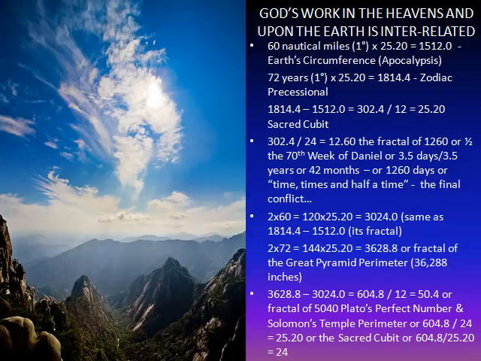Now, that was singular. Let's double that for the witness up in the heavens and upon the earth. The earth first. 2 times the 60 degrees will equal 120 degrees, times 25.20, the number of the sacred cubit, would equal 3024.